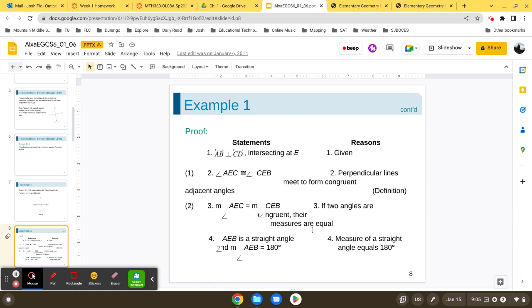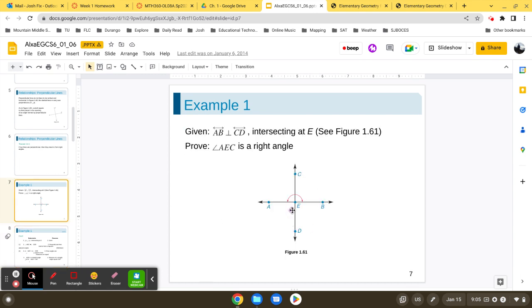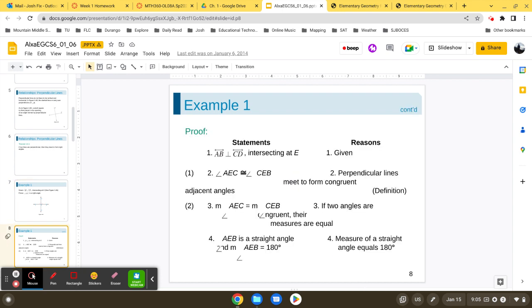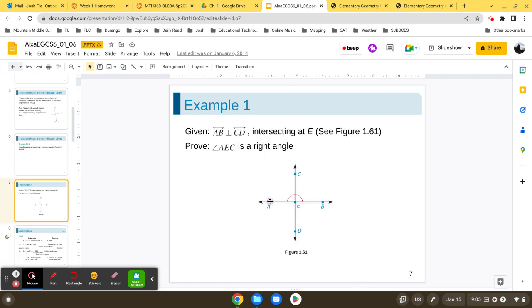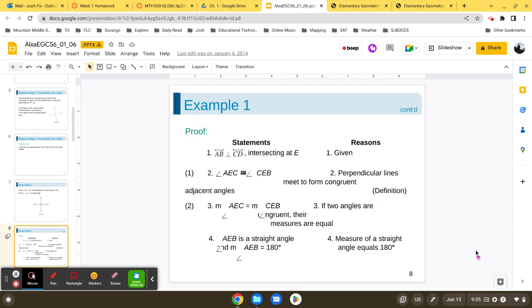If we go back to our image, the measures of angle AEC and CEB are equal because if two angles are congruent, then their measures are equal. And then we move forward.